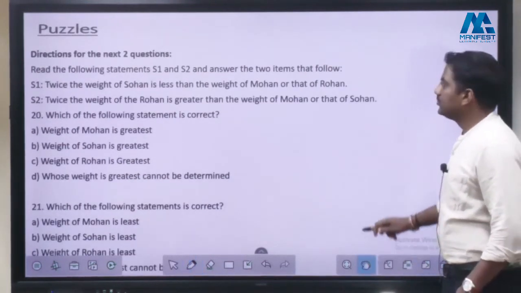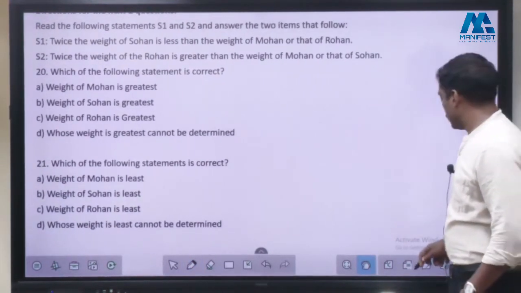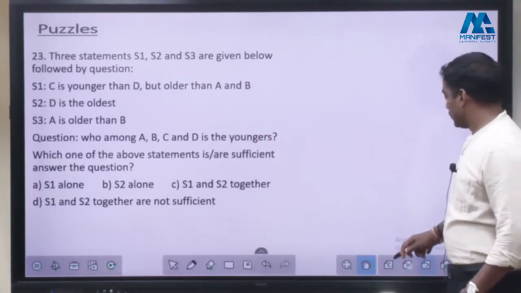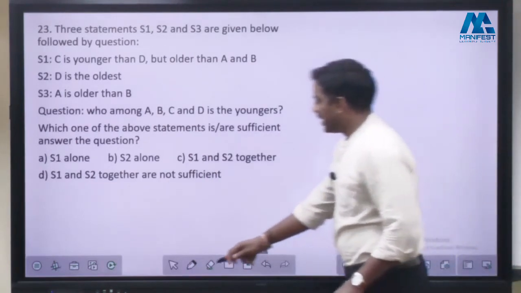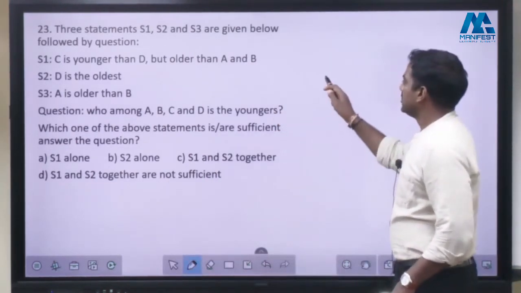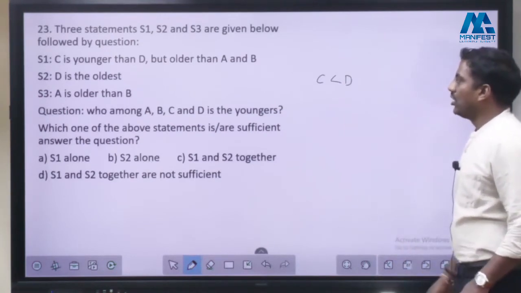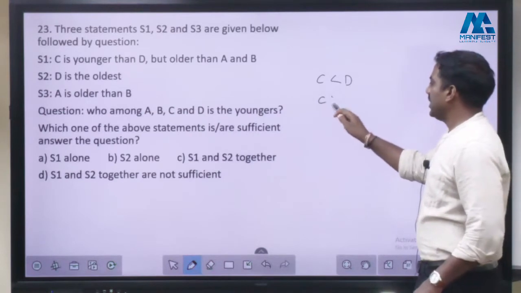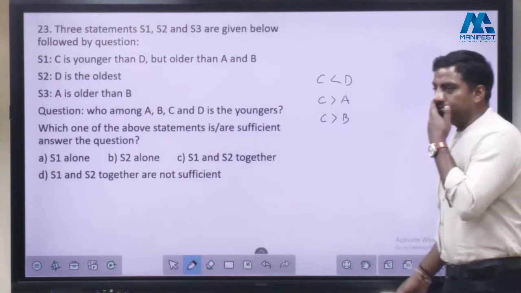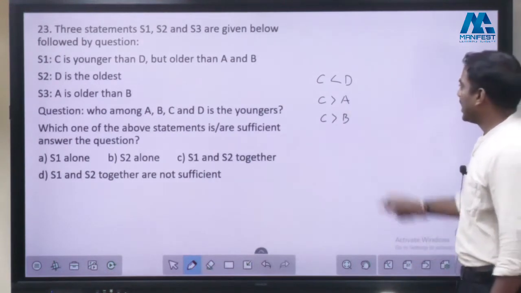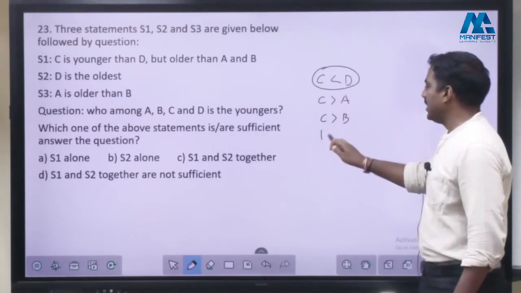Next. C is younger than D. C is having lesser age than that of D, but older than A and B. So C is greater than A, C is greater than B. So can I write out of this one, C is smaller than D, can I write D is greater than C?